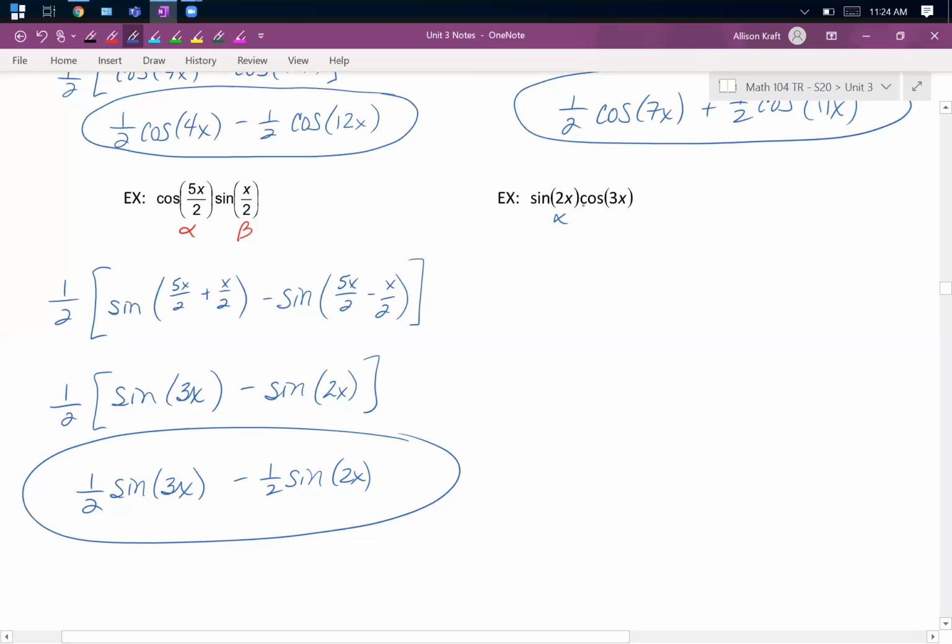All right, last one, we got a sine times cosine. So we're using our bottom left formula. This will be 1/2 times the quantity sine of 2x plus 3x plus sine of 2x minus 3x.